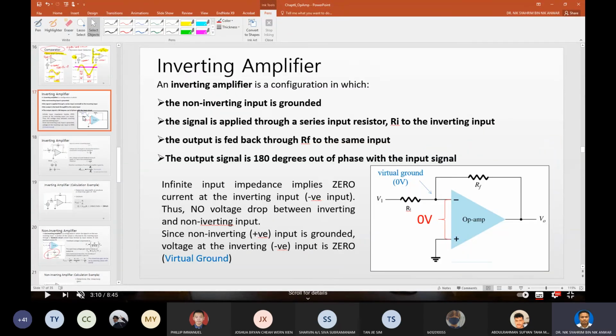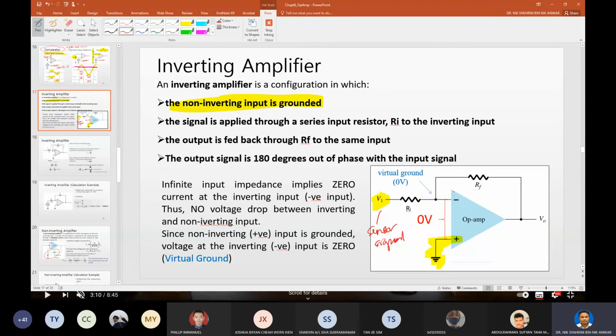So let's take a look at the first one, which is an inverting amplifier. This is what we refer to as an inverting amplifier. The non-inverting input is grounded, as you can see here, and your signal V1, which can be, for example, a sensor signal, will then be fed into the inverting input, and a portion of the output signal will be fed back to the inverting input.